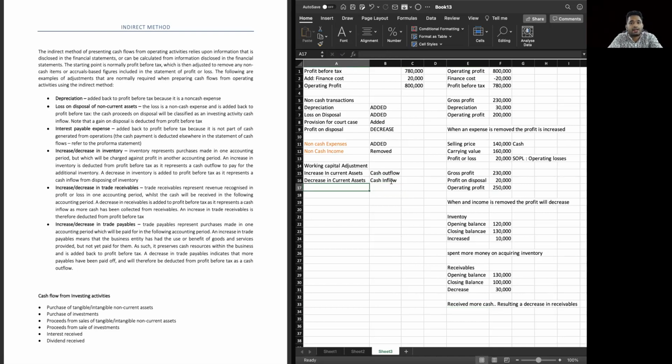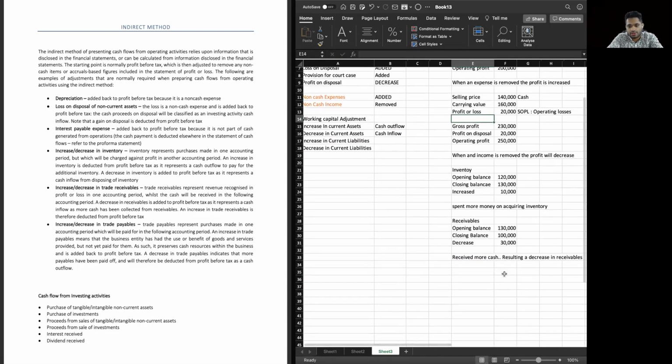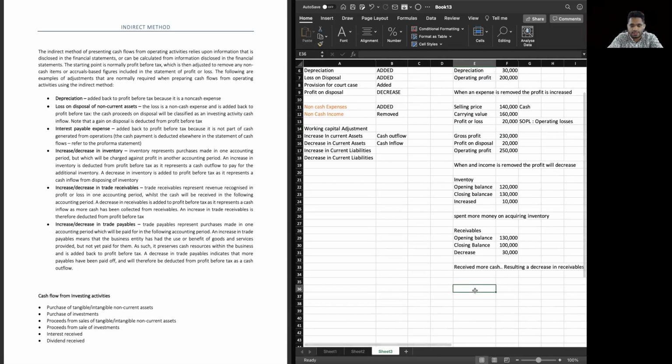Next, you have your current liabilities. So you will have an increase in current liabilities and a decrease in current liabilities. So let's look into some of the workings.